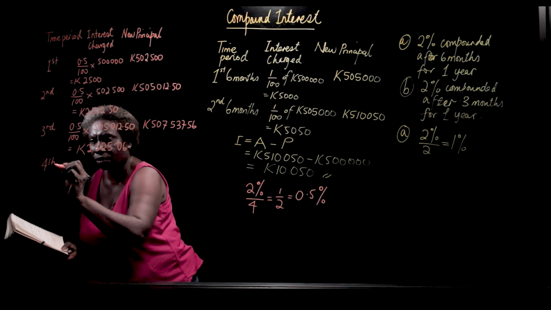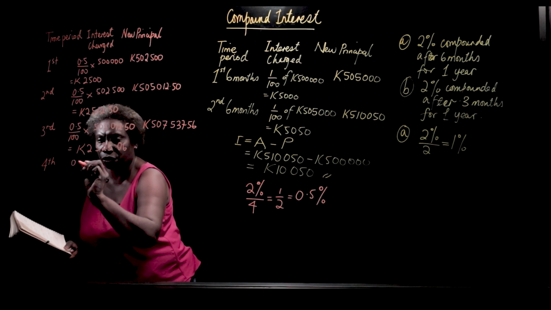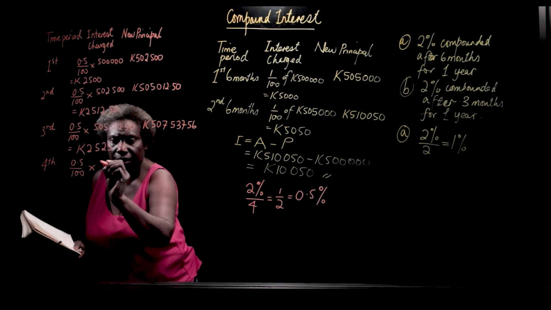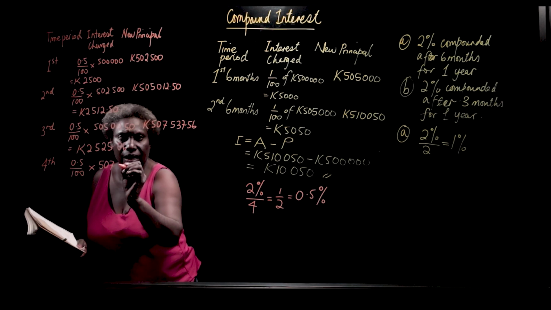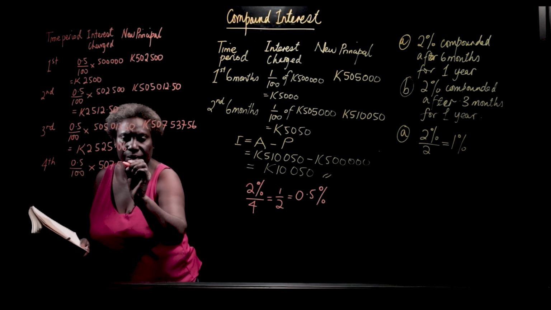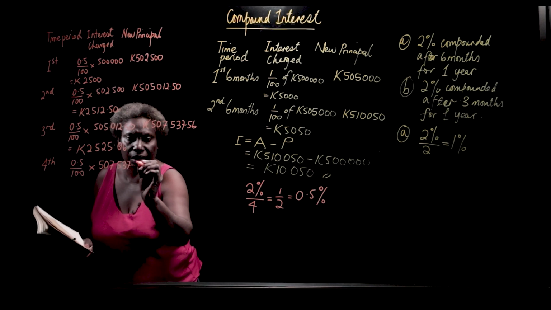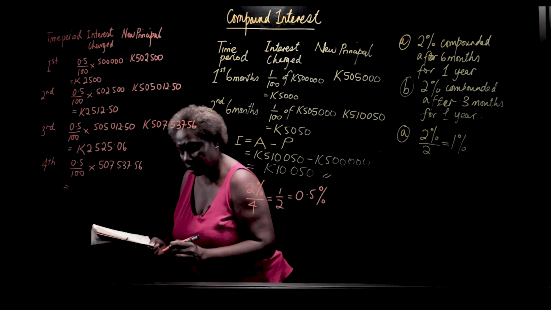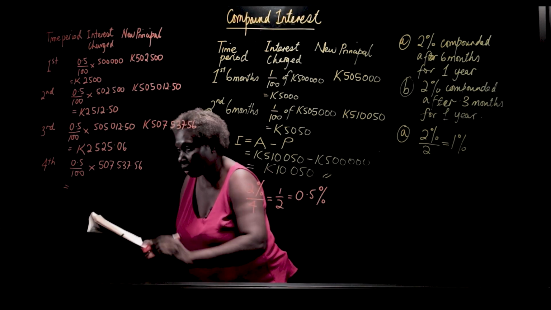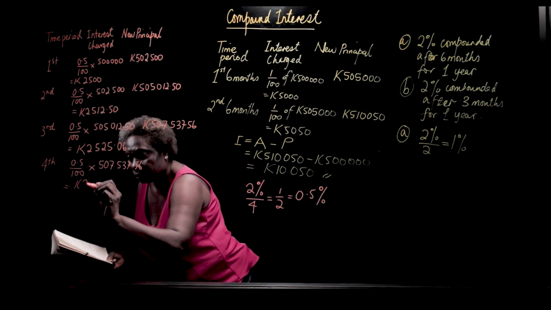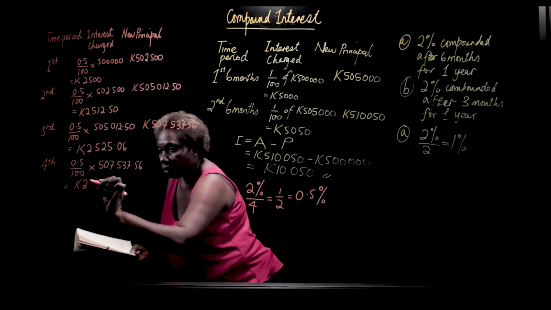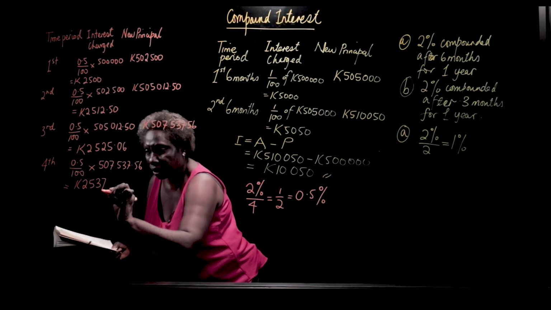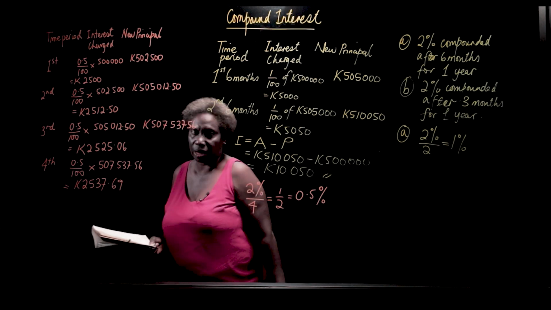And after the final quarter, we have 0.5 over 100 multiplied by 507,537 kina 56 toya. That gives us 2,537 kina 69 toya.